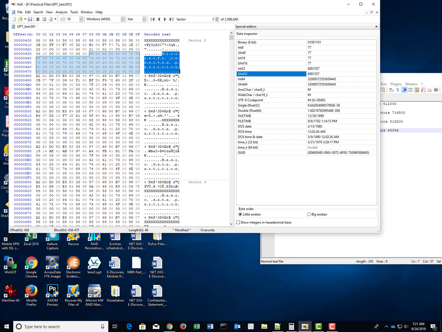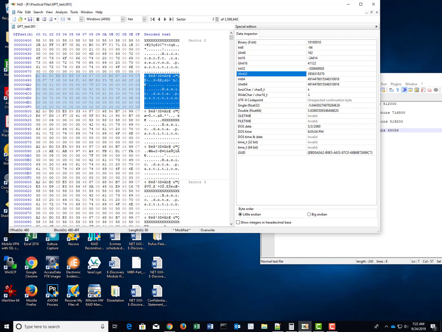And then the next set of questions, from 22 through 31, are basically just starting and ending sectors for each of the partitions. So again, we have a repeating pattern here. You have 128 bytes per entry.